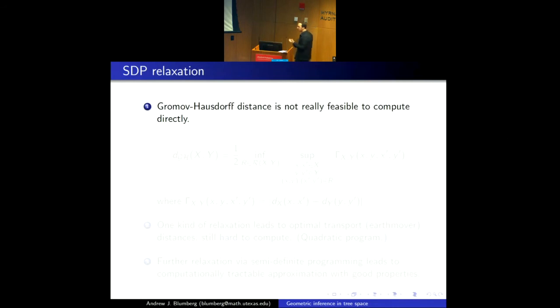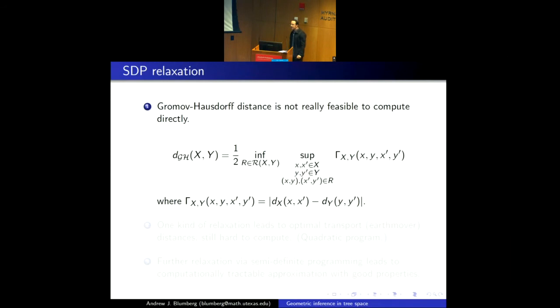And, just to give you a flavor of what these things look like, this expression is telling you that one way of approximating this is a sort of minimax problem over all possible ways of matching up the points. So R stands for a correspondence, which is just a matching, basically.